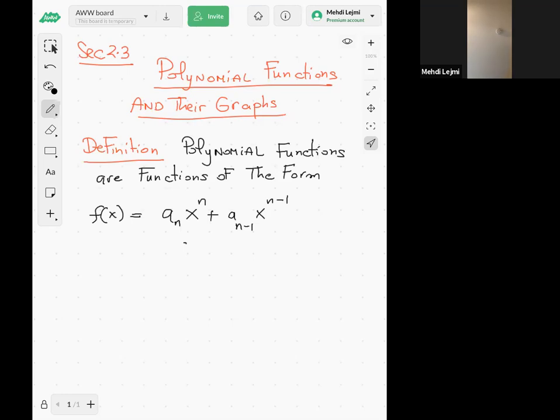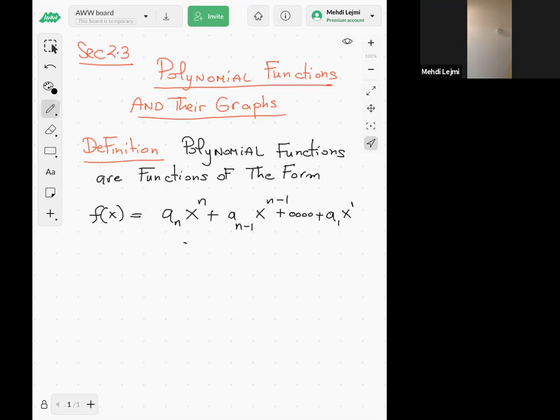So you have powers of x, and then at the end you're going to have x to the power 1, and in front of x to the power 1 you have a subscript 1. So if you have power n, then the number in front of x to the power n is a subscript n.